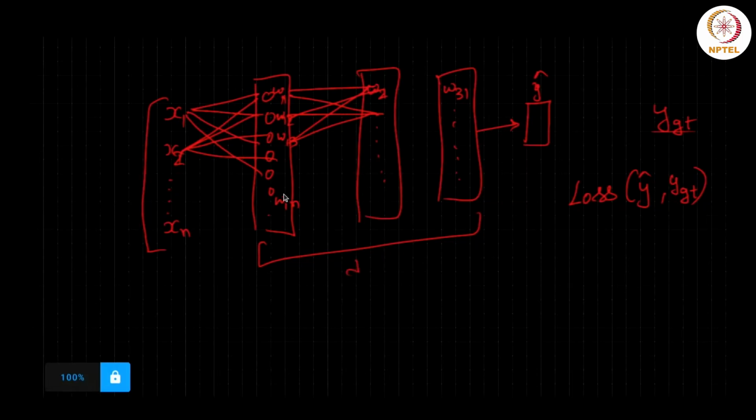This is also called the depth of the neural network, and this is also, let's say, the breadth of each layer. And again, these are hyperparameters, so you have to understand what combination of depth and breadth is good for your solution and good for your problem.